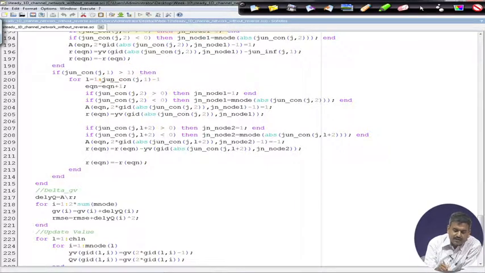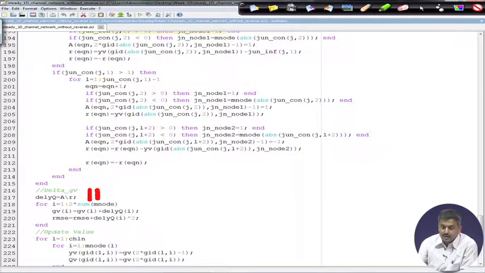If connectivity is greater than 1, then L equals 1 to junction connectivity J1 minus 1, we can identify the starting and terminating nodes, and for that we can specify the derivatives or elements of the Jacobian matrix, and finally R equivalent equals to minus R equivalent there.